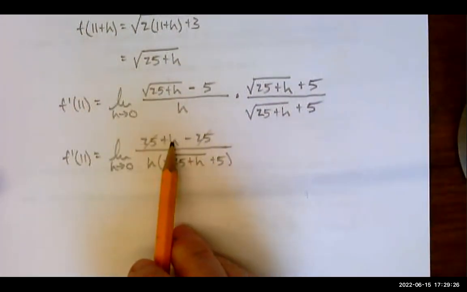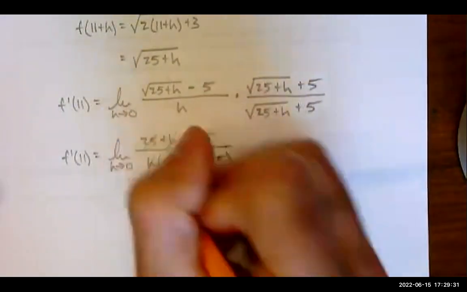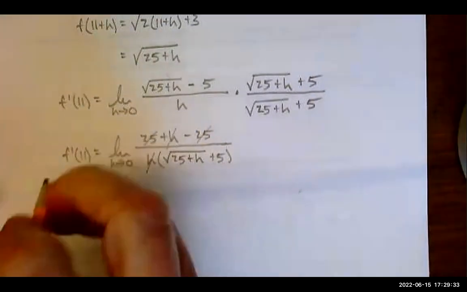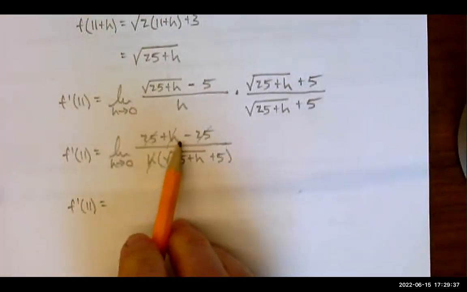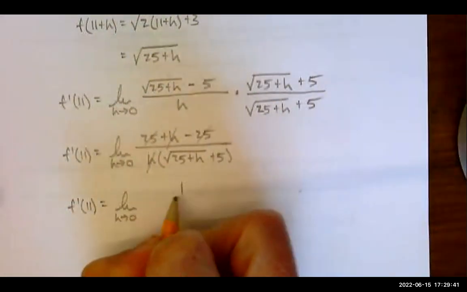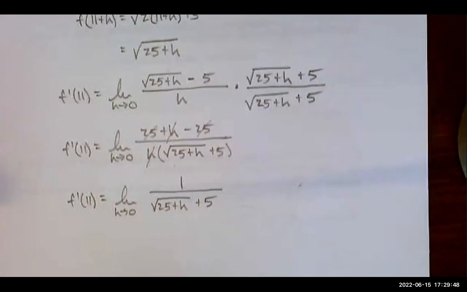We're left with just h over all this, and now we want those h's to cancel to avoid the 0 over 0 limit. Now, when the h cancels out, we're still left with a 1. All right, okay, so get it down to that.